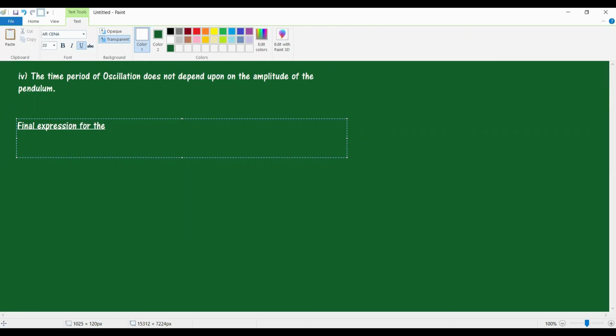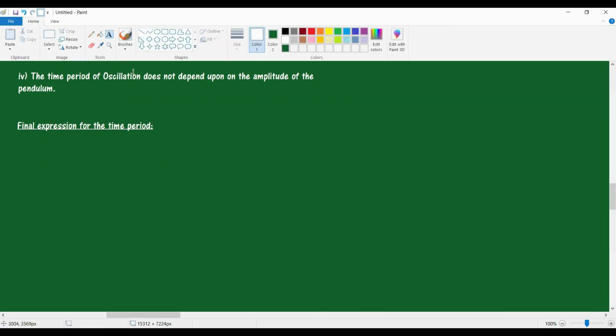It means the final formula. So it will be: time period is directly proportional to the square root of the length and inversely proportional to the square root of the acceleration due to gravity.